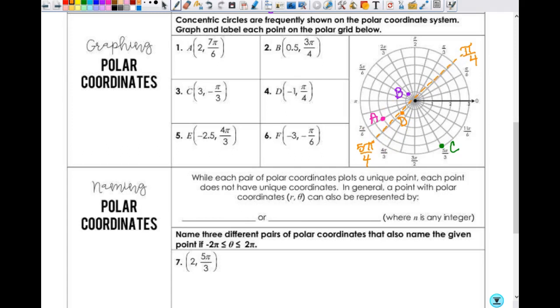And isn't this just half the circle, which is 180 or pi? So instead of trying to add it, the way that most people graph this and make it a little bit easier is you go to pi-4ths, but since it's a negative 1, you pass through the pole and do 1 on the other side. Does that make sense? Since it's on the diameter, you really are adding pi.